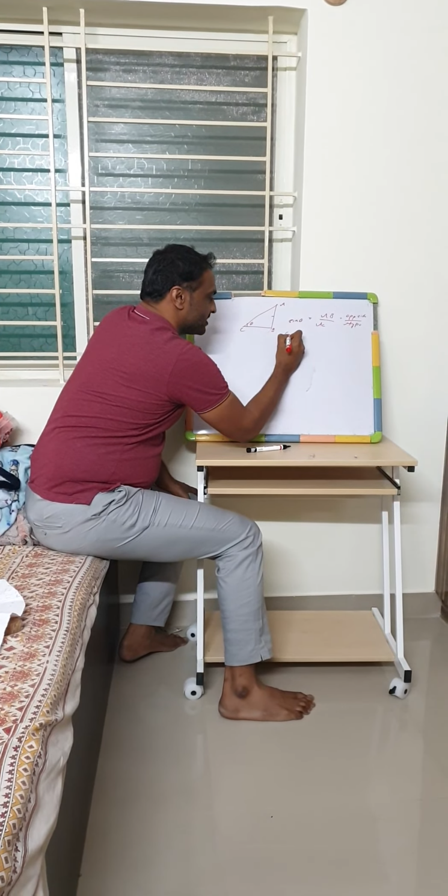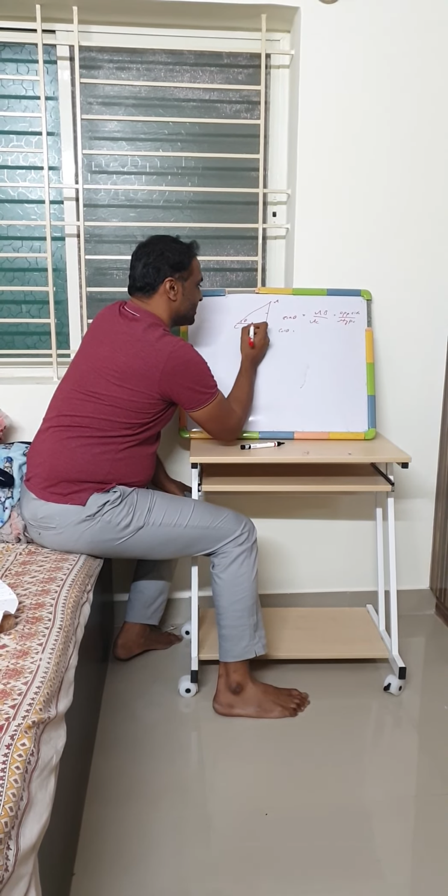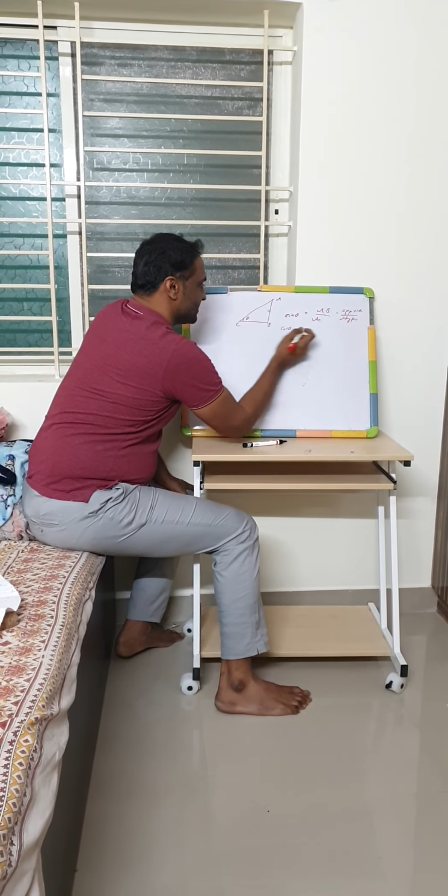And cos theta is the adjacent side by the hypotenuse, which is nothing but BC by AC, right?